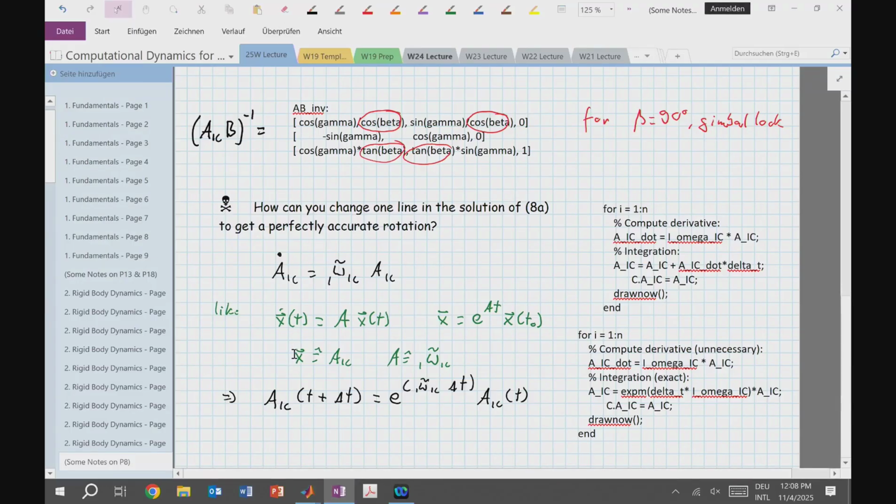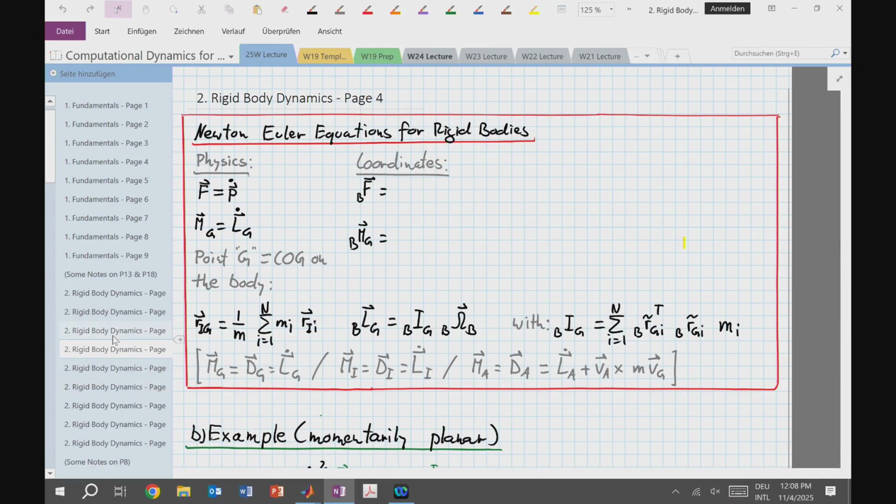Then I want to go back to our Newton-Euler equations for rigid bodies, where what we saw was, on the physics side of things, something fairly simple. Sum of all forces is the change of linear momentum.